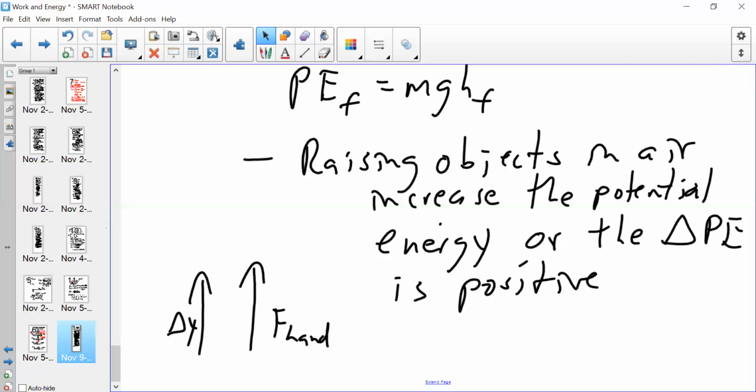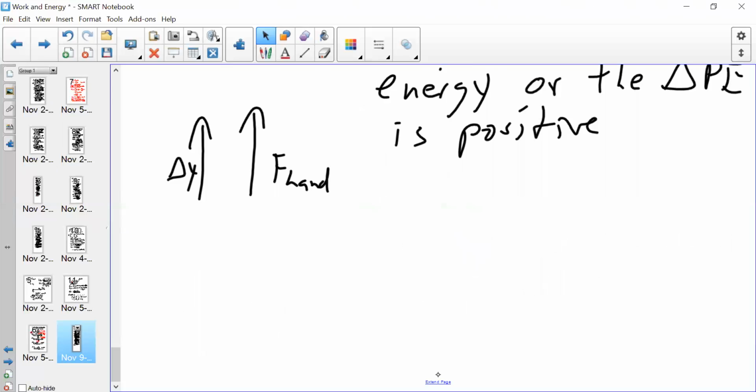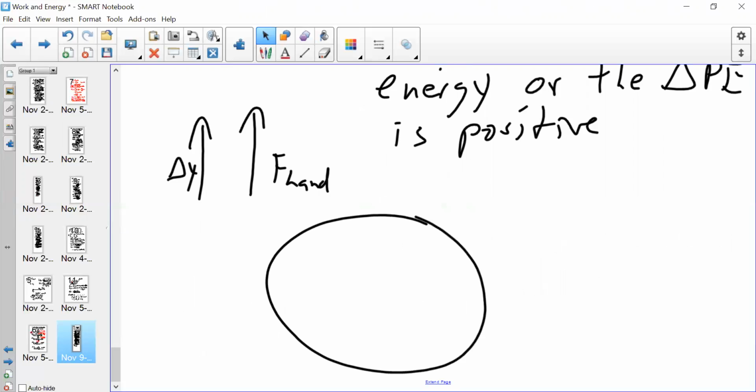So now with that being said, when the object falls down, the work done by the force of gravity, or the work done by gravity, is going to be equal to a decrease in potential energy. So again, let's continue with this stuff.